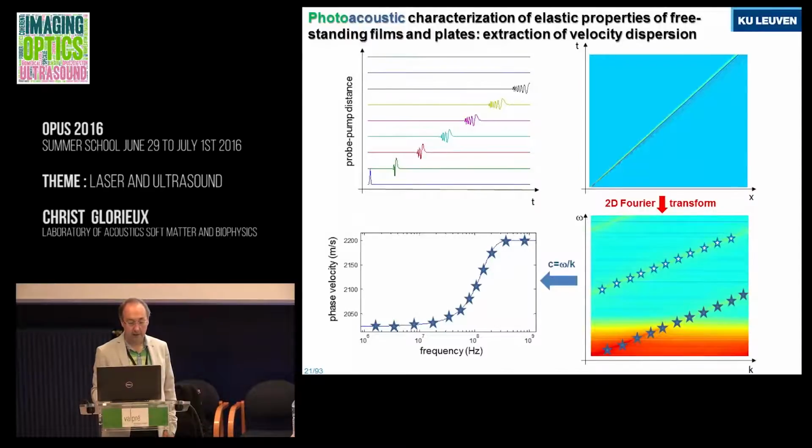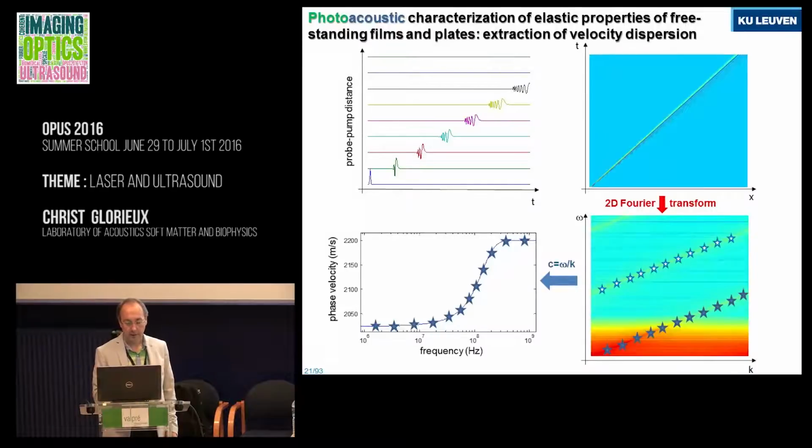By taking a Fourier transform of this matrix, the signal as a function of position and time. You take a Fourier transform which converts time to frequency and x space to wave number. Then you have this wave number and frequency plot.